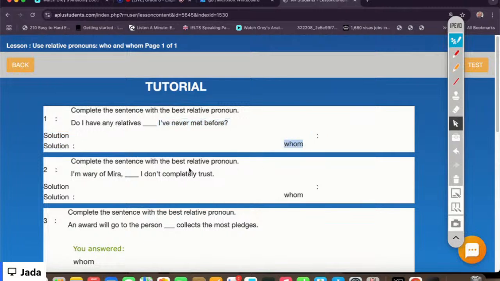Then complete the sentence with the best relative pronoun. I'm wary of Mira, dash, I don't completely trust her. Whom I don't completely trust. Okay, so whom, right? If you're restating it, you can say I don't completely trust her.